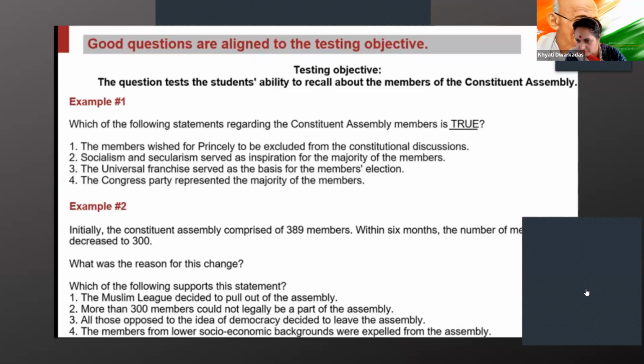So many people have started writing G. It's a good question. Look at the length of the options also, and more or less the options are competitive enough. Why does Sandhya say it is a bad question?